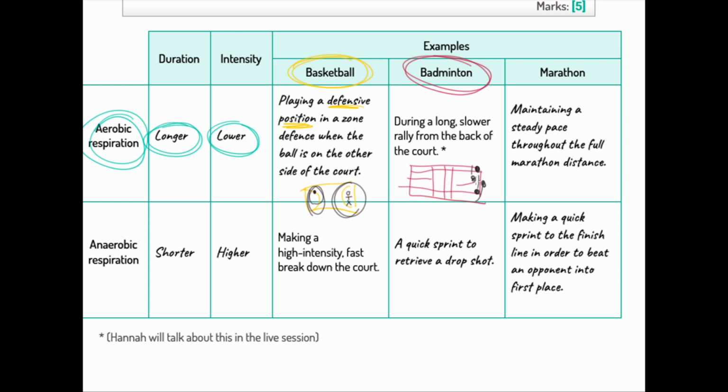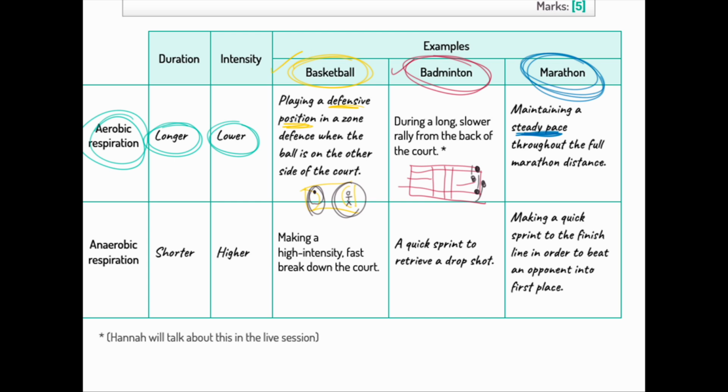It's long, it's slow. They're not having to work too high intensely. So that's using aerobic respiration because you've got all that oxygen. And then finally, I think marathon is the key and obvious one for this because you're maintaining that steady pace. But it's really good practice to do that badminton and to practice that basketball. It's just making you think outside the box.